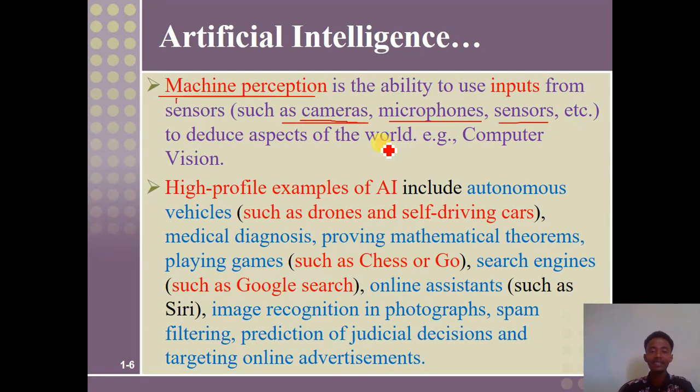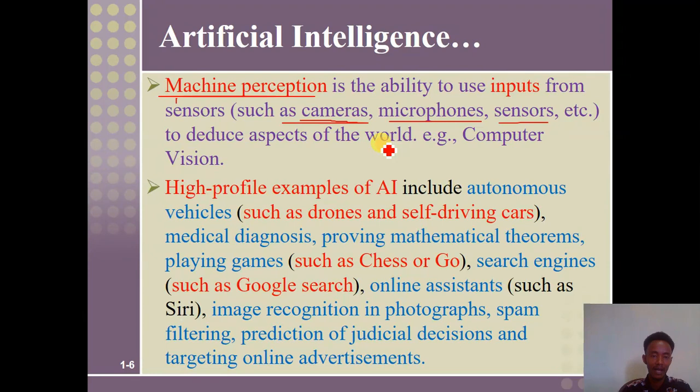Online assistants such as Siri are able to recognize our sounds in digital form and also give a response to our query, which has been taken in the form of sound. Another one is image recognition in photography, spam filtering, prediction of judicial decisions, and targeting online advertisements.